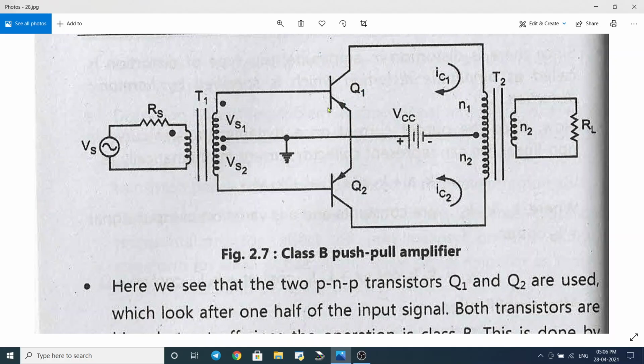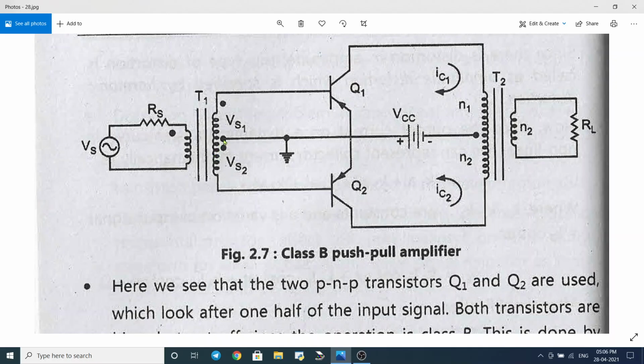So the circuit consists of transistor Q1 and transistor Q2. But what is important is how they are connected. This is the input coupling transformer and this is the output coupling transformer.